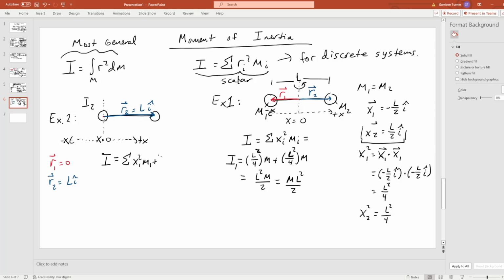Well, I don't need the summation anymore because I can just add. Okay, so R1 squared is going to be 0. R2 squared is going to be L squared.